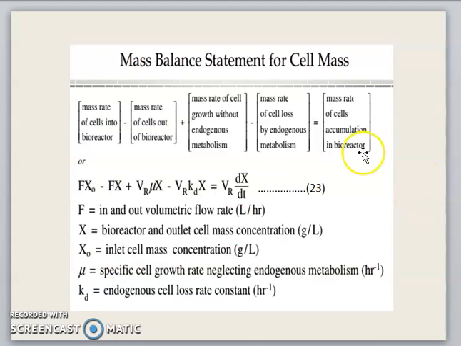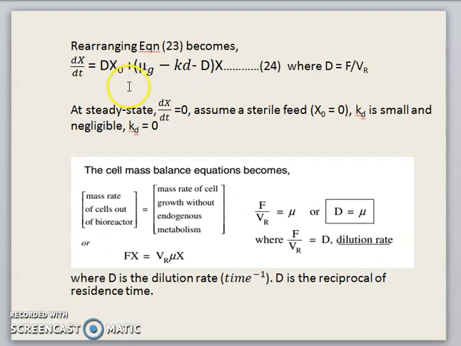From the previous equation, equation 23, you rearrange the equation, then it becomes equation 24: dX/dt equals DX0 plus (mu_g minus k_d minus D)X. D here refers to the dilution rate.